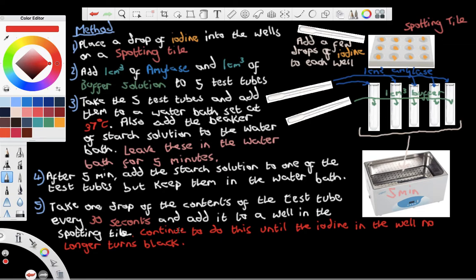You would then repeat this with the other test tubes and then repeat the whole thing with a different buffer solution.